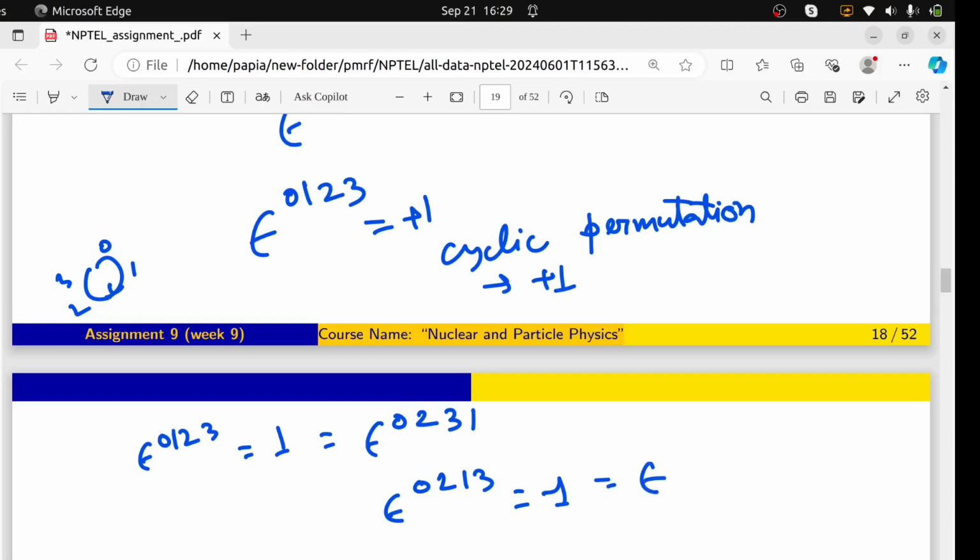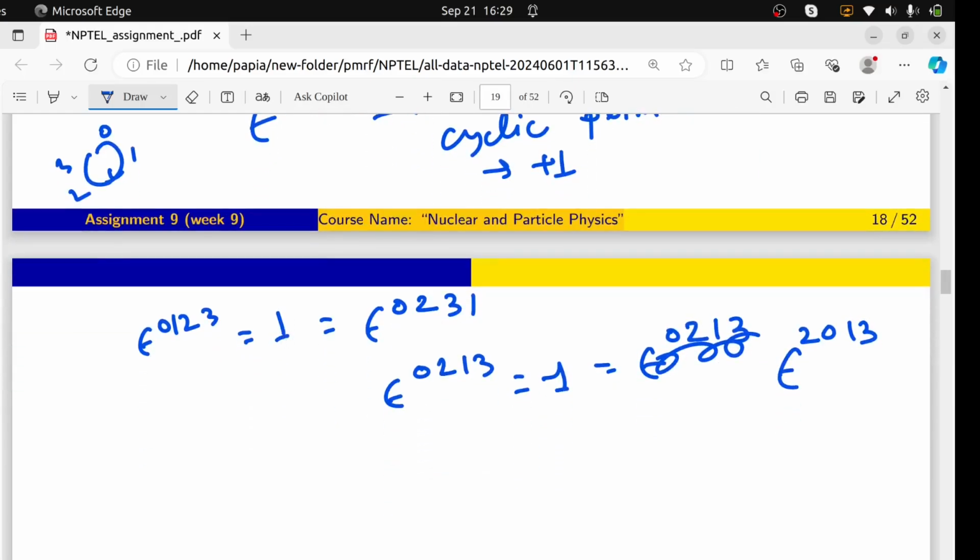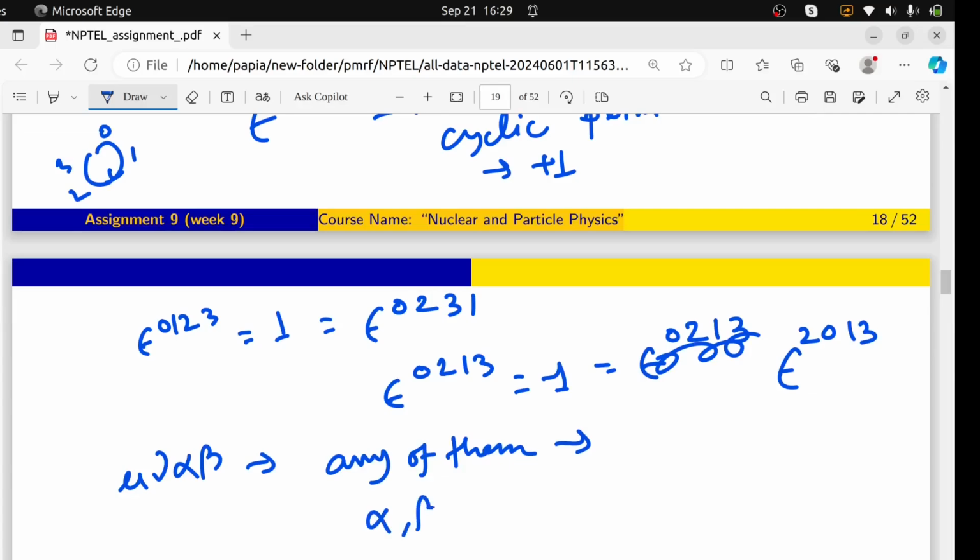So 2, 0, 1, 3 will also be minus 1. And if among mu, nu, alpha, beta any of them are the same, like alpha and beta same, then obviously epsilon will be 0.